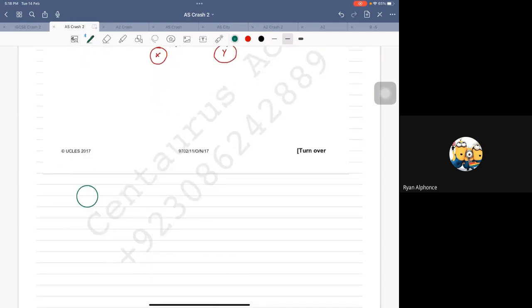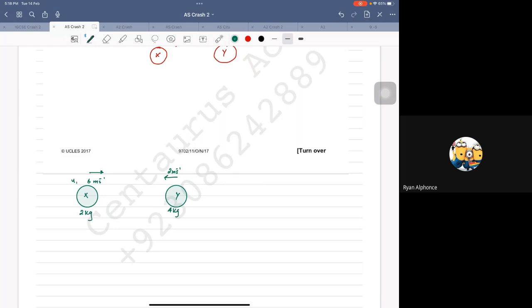Suppose this is a mass X with a value of 2 kg, going at 6 meters per second, and that's u1 in this direction. And there is another mass Y going in this direction at 2 meters per second, and it has a mass of 4 kg.